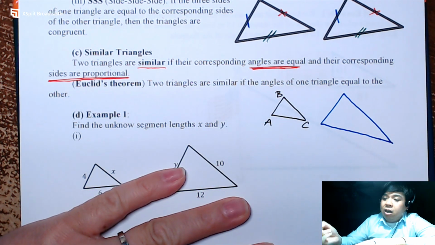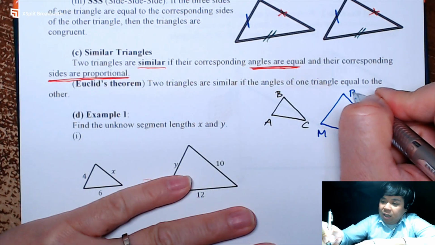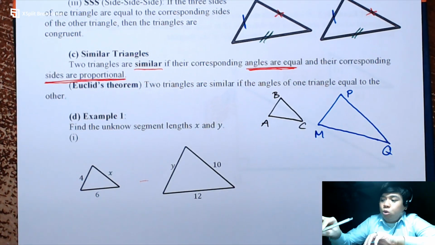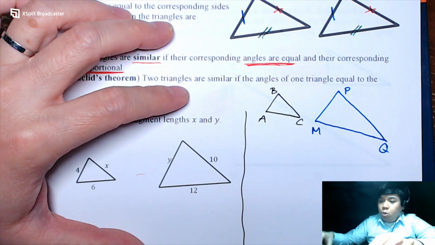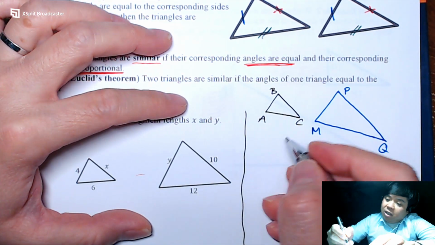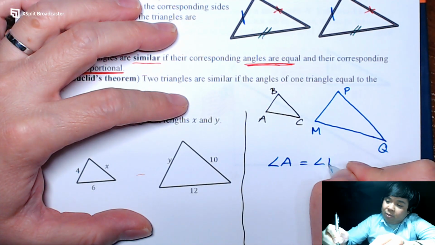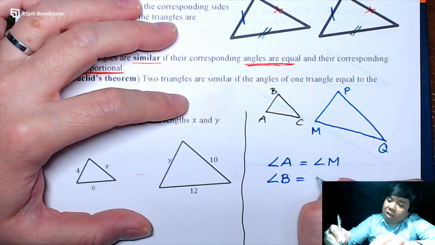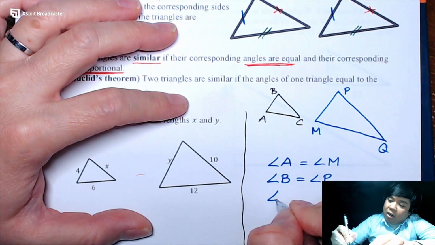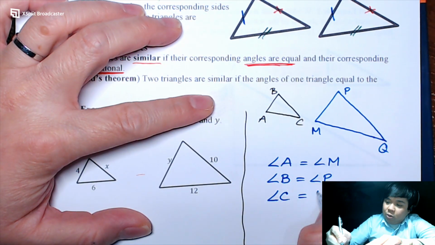Okay, and let's say M, P, and Q. Now, if these two triangles are similar, we say angle A is equal to angle M, angle B is the same as P, and angle C is equal to angle Q.